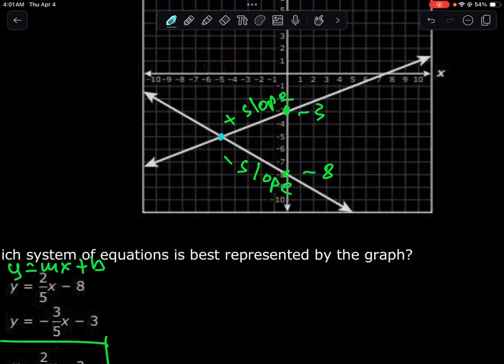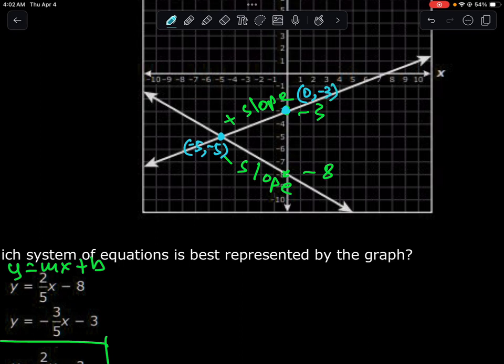So let's go with the top line, this one. We have that coordinate and that coordinate. What is the coordinate for this one? It is underneath -5, so x is -5, and next to -5, so it's -5, -5. What about this one? Well, it's the y-intercept, so it's going to be 0 for x, and it's next to -3.